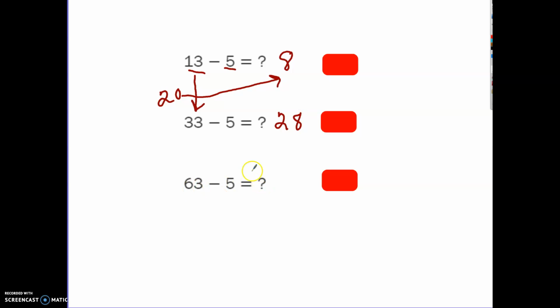Now my problem is 63 minus 5. So counting up from 33 to 63, so 33, then it's going to be 43, 53, 63, that's 3 tens, so that's 30. I'm going to add that to my previous answer, and I'm going to get 58.